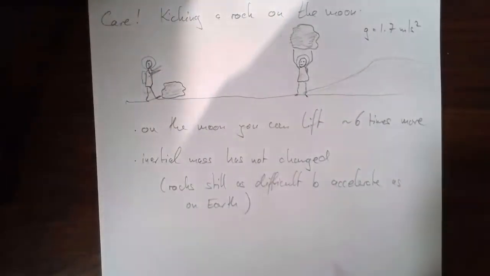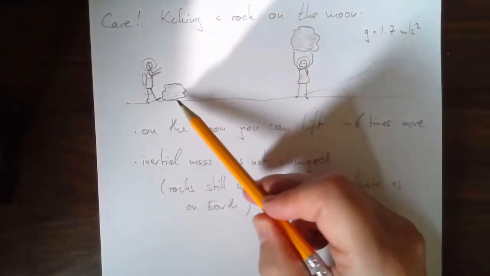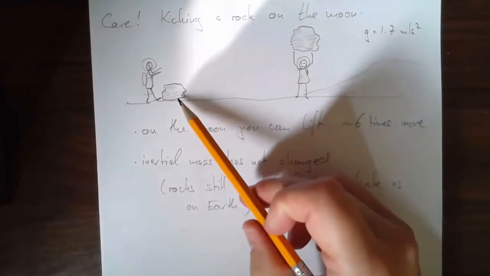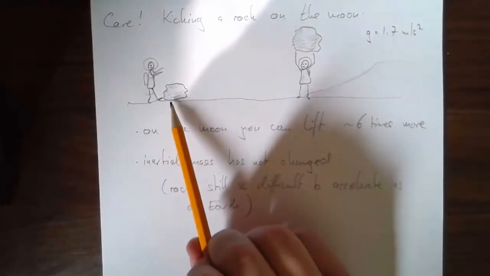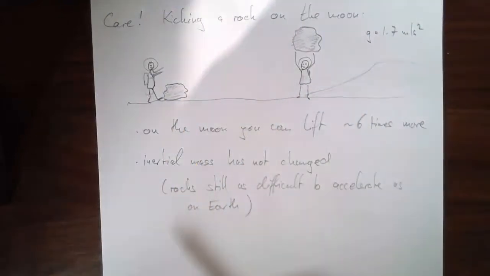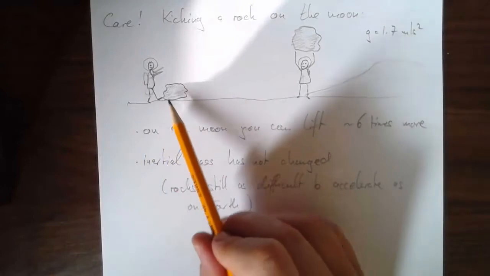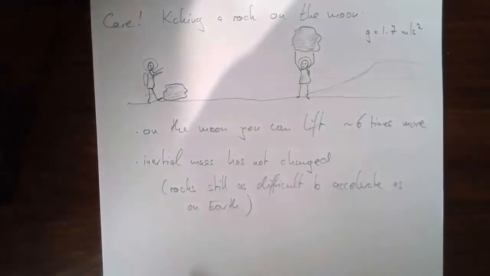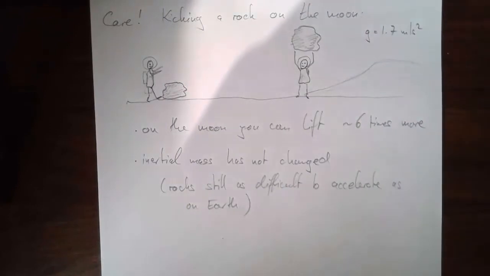So don't do this. When you go to the moon, yes, lift heavy stuff, but don't get overambitious and try to start playing football with giant rocks, because it's going to hurt you just the same as if you were kicking a heavy rock on Earth. All right, just a safety warning there, I suppose.